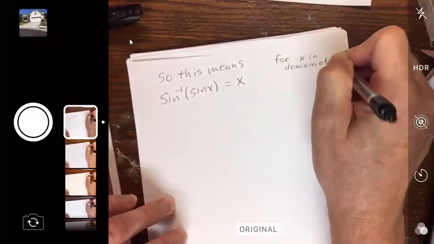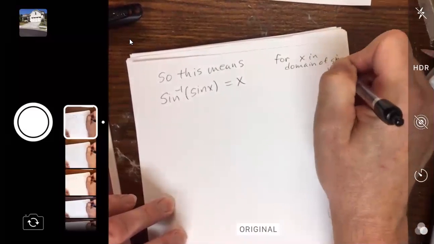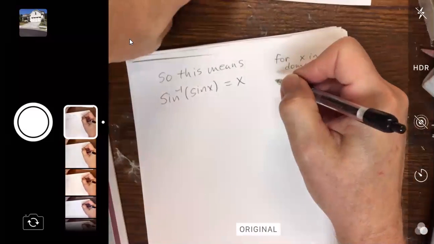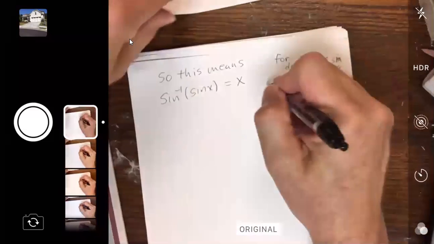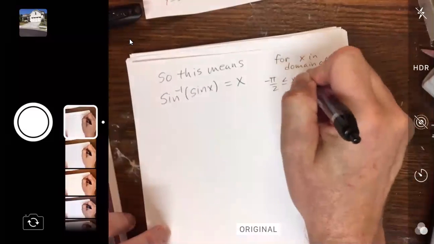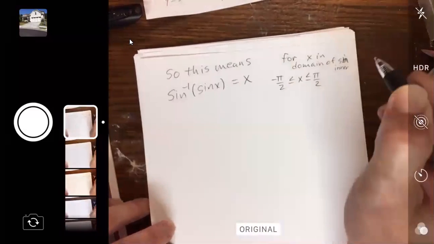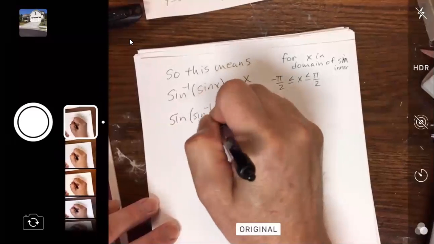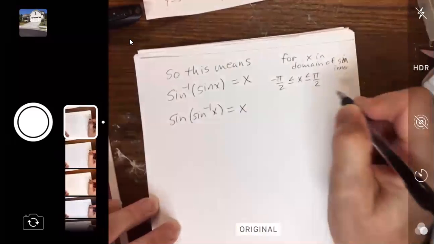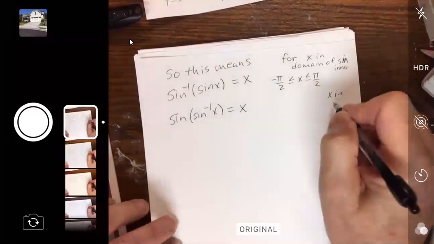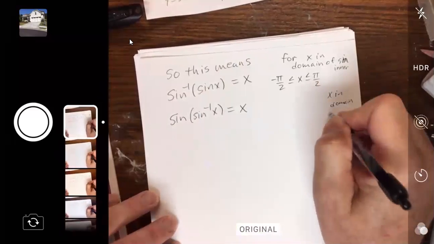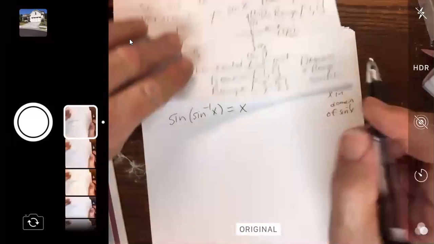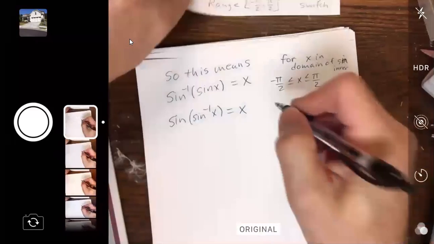The inner one, the domain of sine, is negative pi over 2 to pi over 2. Spread it out, use the interval notation. And sine of arcsine of x equals x for x in the domain of arcsine, and the domain of arcsine is -1 to 1.